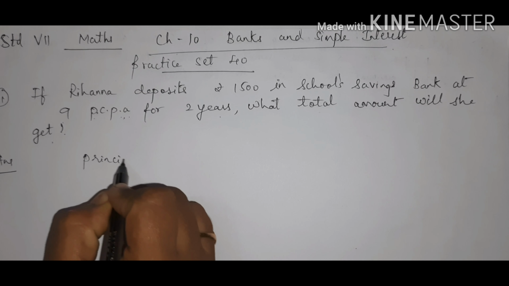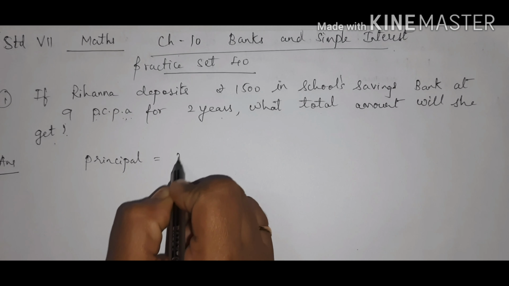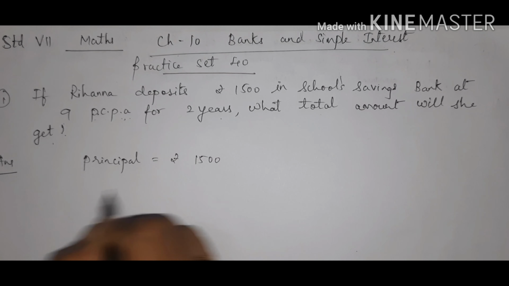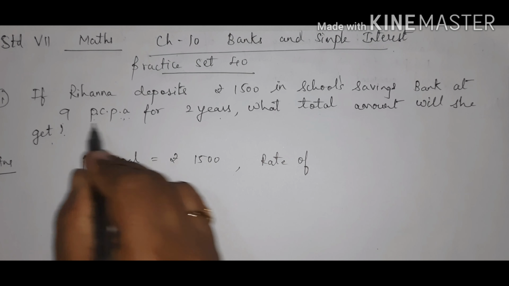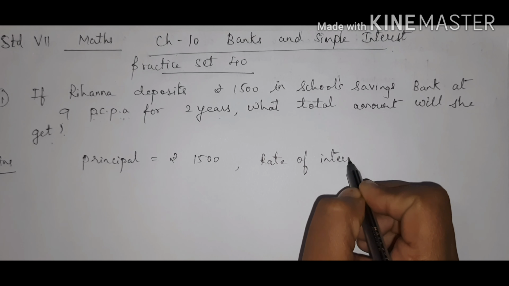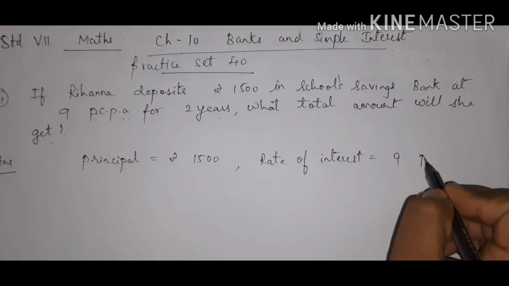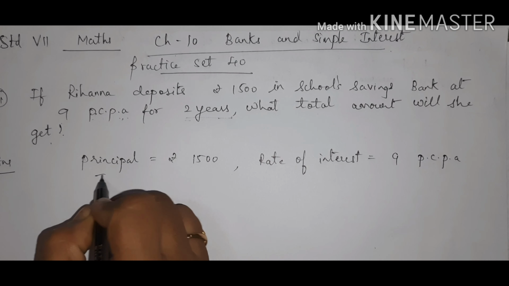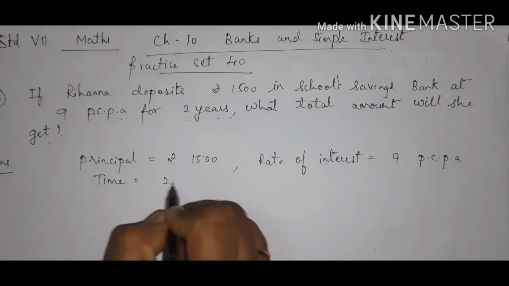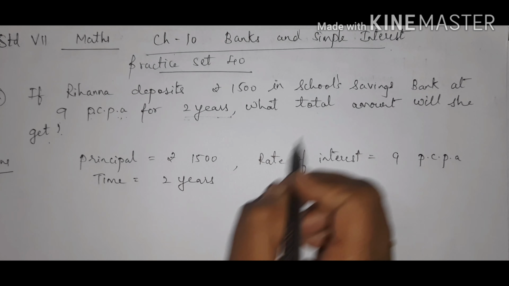So P means principal, that is 1500 rupees. Then rate of interest is 9 PCPA, and T means time, it is given as 2 years, and we have to find out the amount.